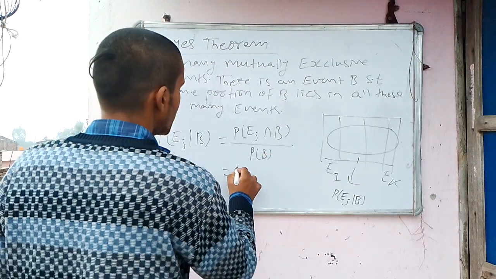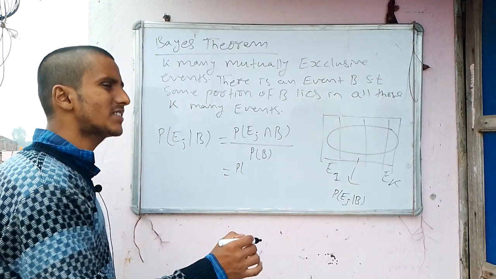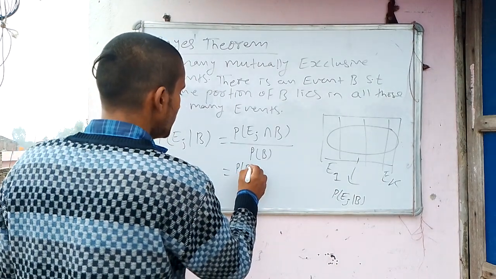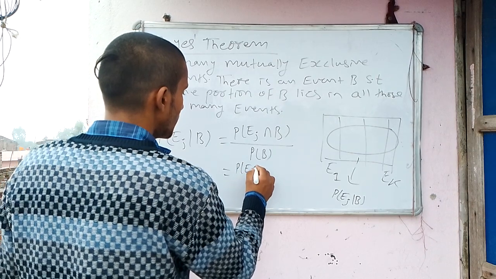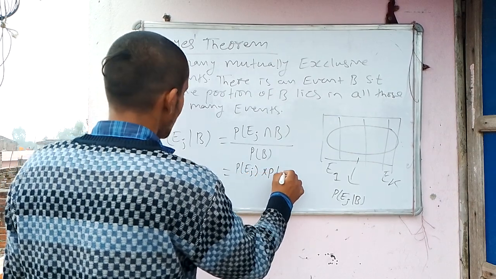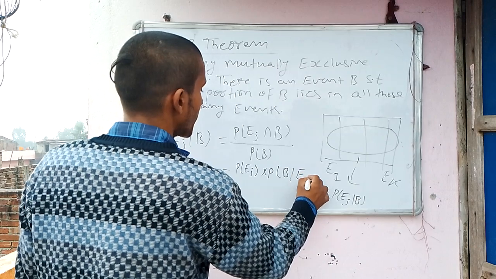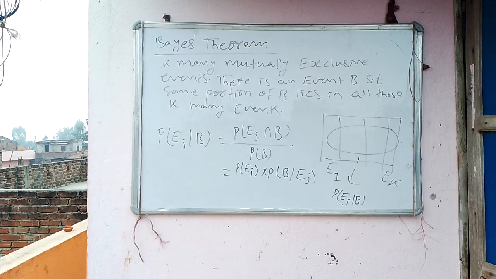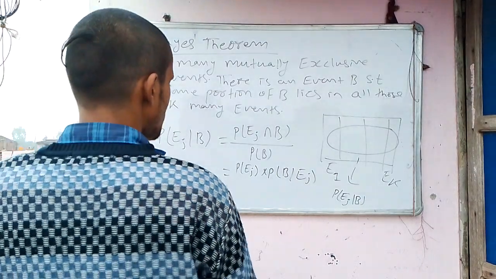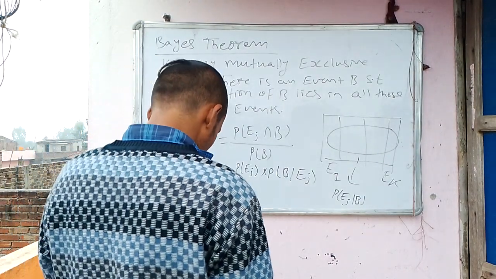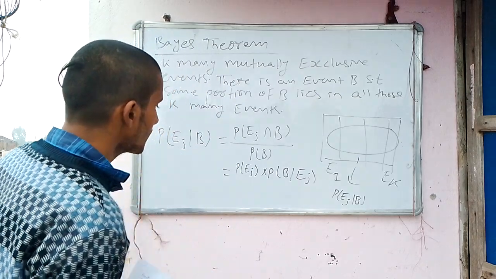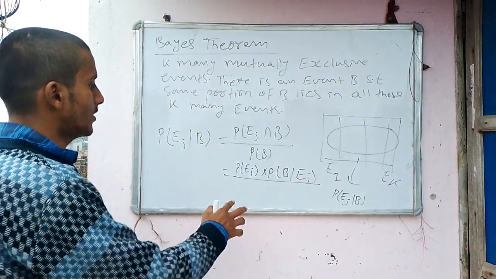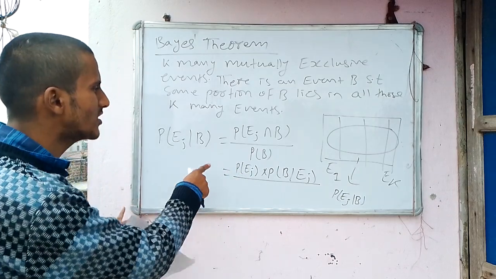If you modify it, I can write this as probability of EJ times probability of B given EJ, divided by the probability of B. Why have I written it like this?